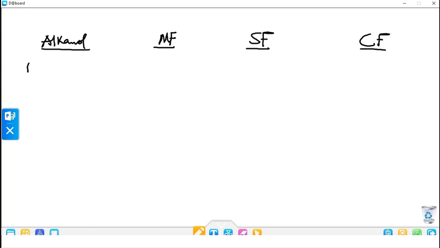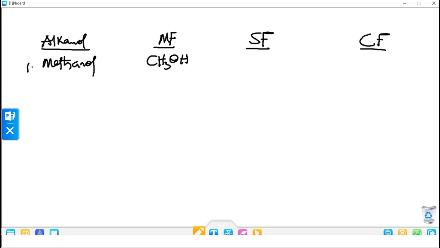So the first member is methanol, and methanol is CH3OH. What will be the structural formula?